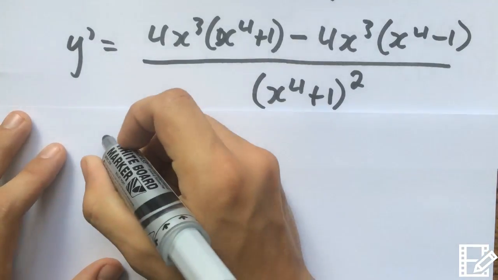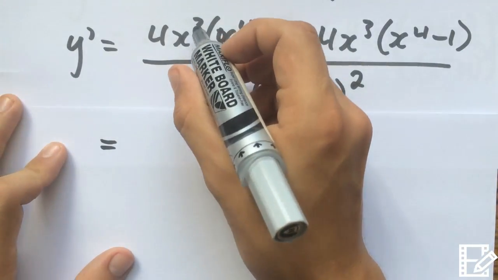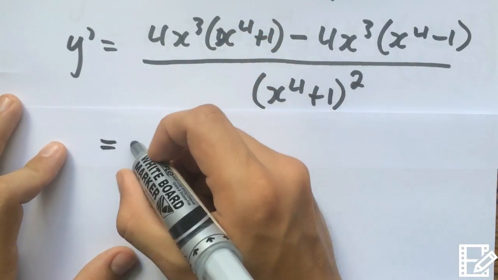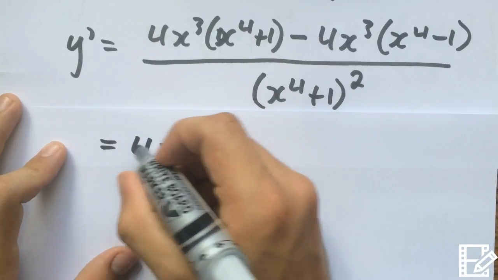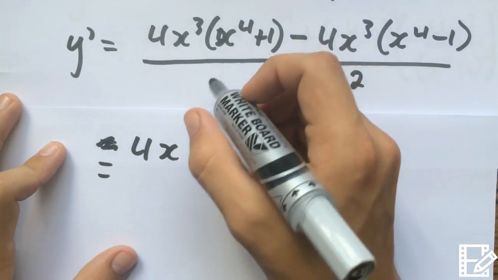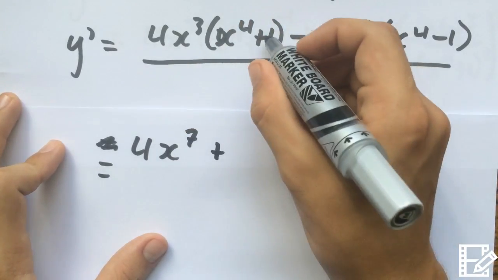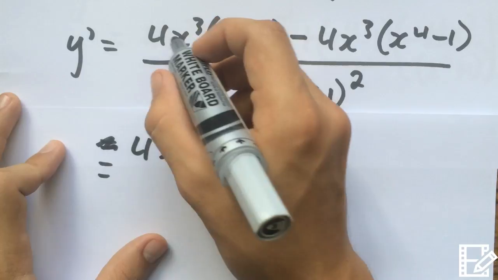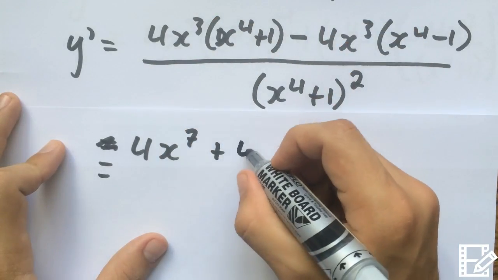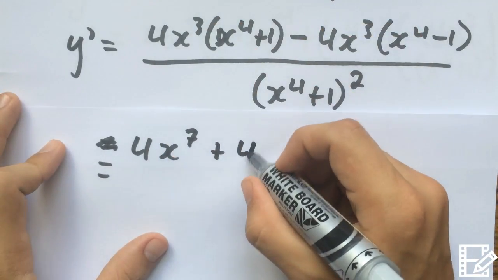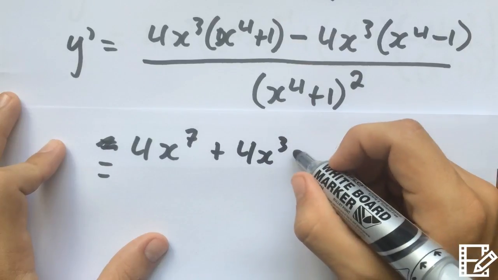Okay, so if we expand it out, 4x to the power of 3 multiplied by x to the power of 4 is 4x to the power of 7 because you add the powers, plus 4x to the power of 3 multiplied by 1, which is just 4x to the power of 3.